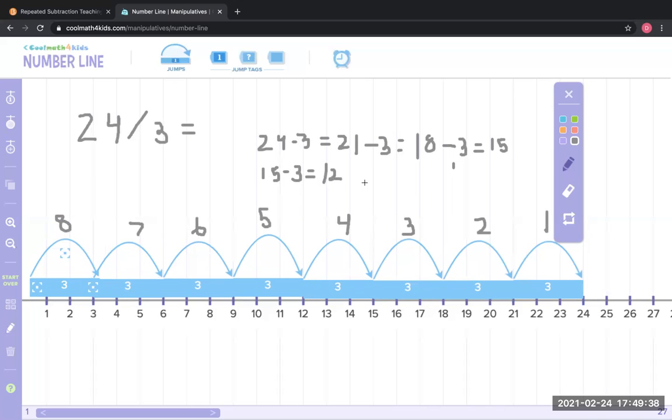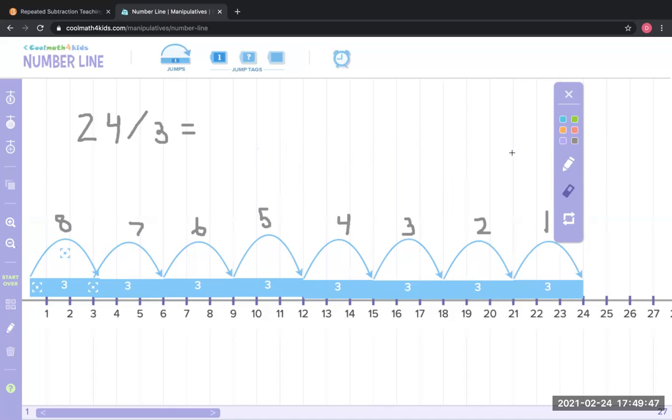Have another one there. And now I'm going to erase these to give us a little bit more room, since we don't have a whole lot to work with on this page. So we were at 12, so we'll go 12 minus 3 equals 9, minus 3 equals 6, minus 3 equals 3, minus 3 equals 0.